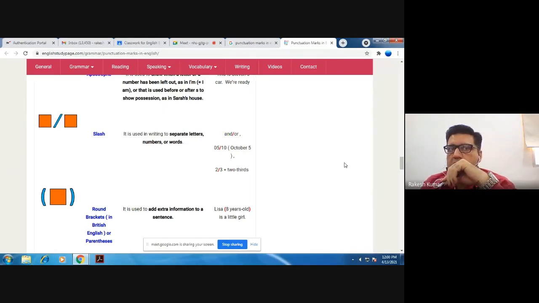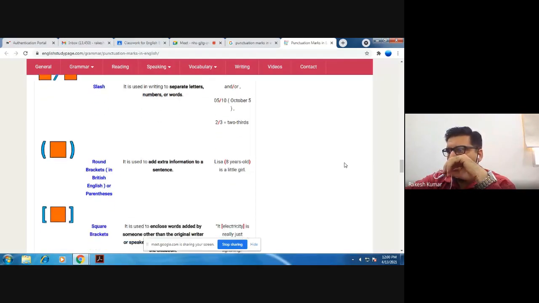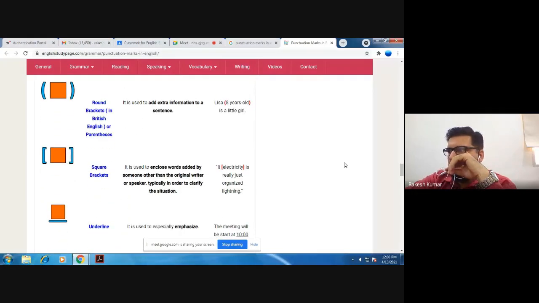Today, if it's the 13th, we write 13/2/2021. Or we use it numerically, for example 1/2 or 2/3, 3/4. So this is more for numerical use, but we have alphabets as well, like and/or. These are the examples.